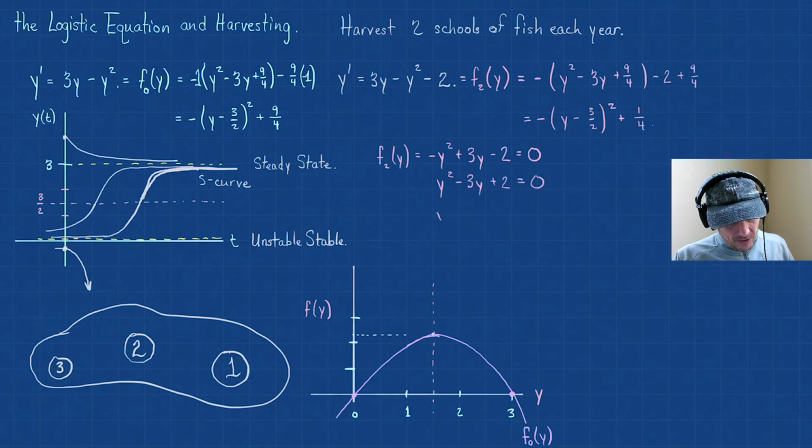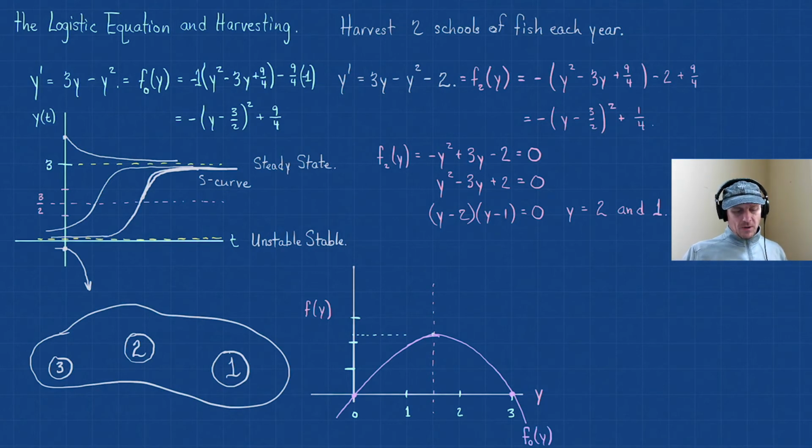If I factor, this factors into y minus 2, y minus 1 equals 0. And so now this says that y equals 2 and 1. Whoa. So now my new parabola has a vertex at 1.5 comma negative a quarter. Whoa, that's way low.